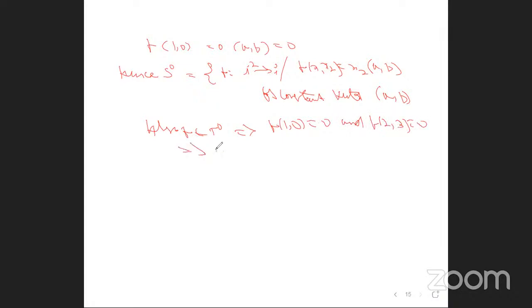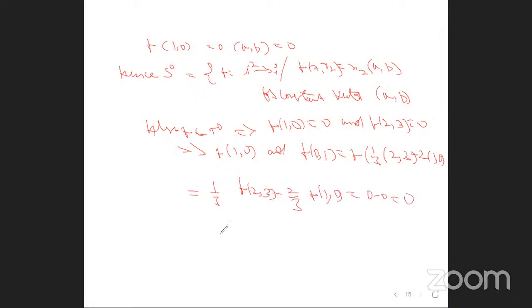That implies f of (0, 1) equals f of 1 by 3 into ((2, 3) minus 2 into (1, 0)), that equals 1 by 3 f of (2, 3) minus 2 by 3 f of (1, 0), that equals 0 minus 0, 0. That implies f equals 0.